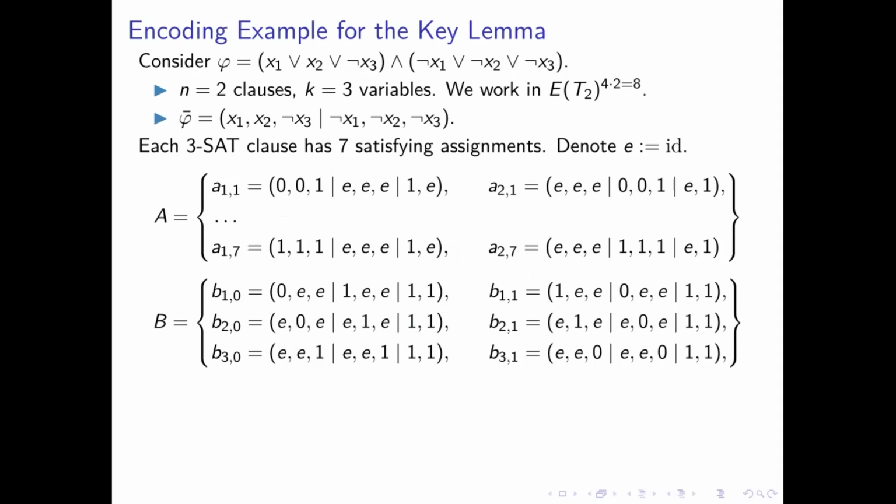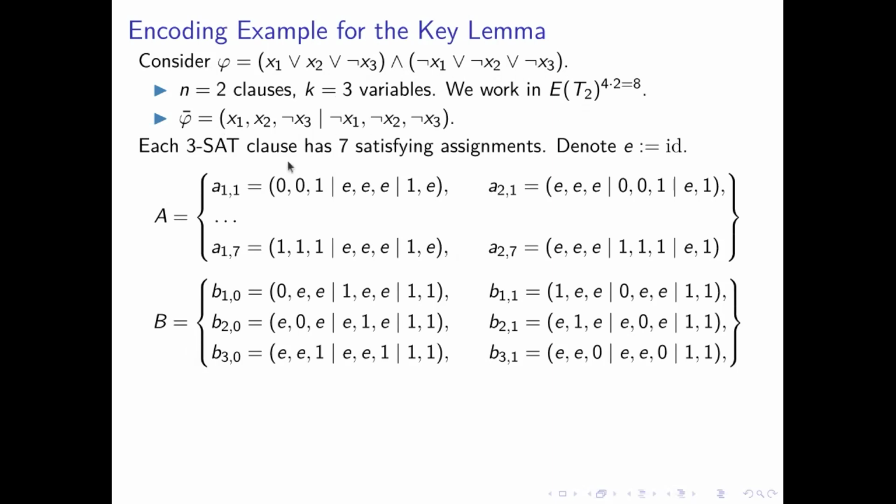For example, given a 3-SAT formula, x1, x2, negation of x3, and so on, you have 2 clauses and 3 variables here. We work in E of T2 to the 4 times E of T2 to the 8. That's the place where we're going to construct the encoding of this formula.